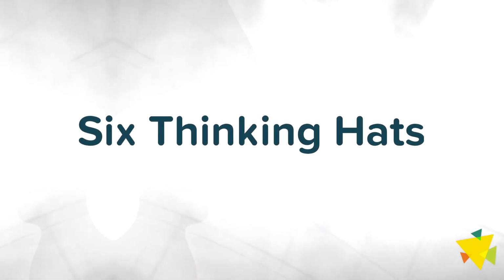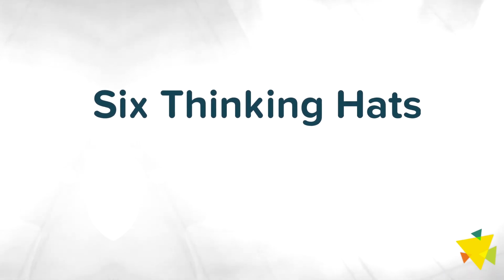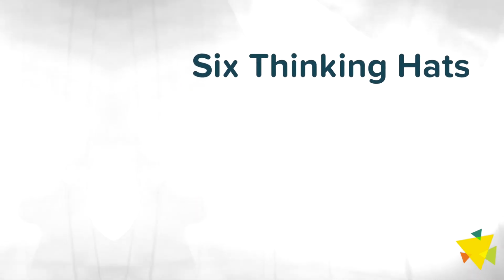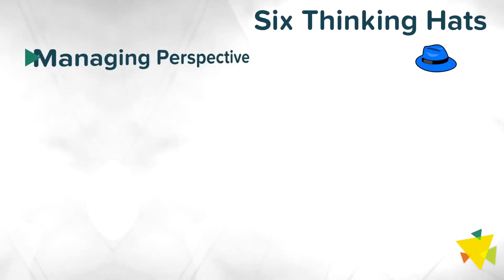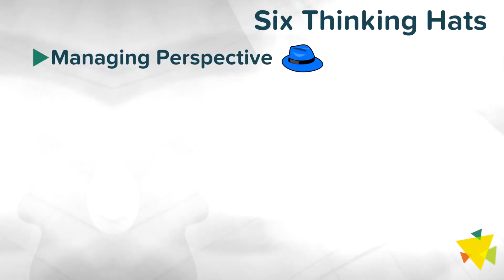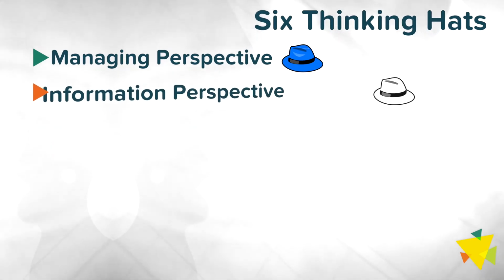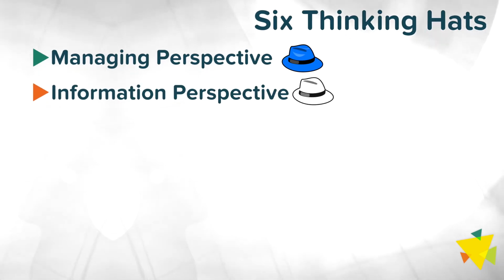Another of De Bono's lateral thinking techniques is known as 6 thinking hats, where you consider a specific problem from 6 different perspectives. For example, the managing perspective, or the blue hat, where you identify what's the problem. The information perspective, or the white hat, where you try and identify what information is available to make a decision.